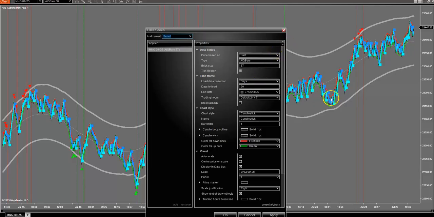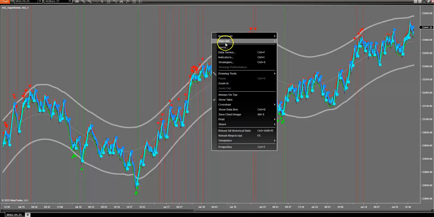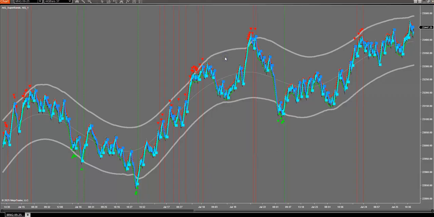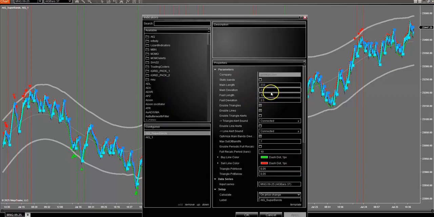And then what you're going to see is you're going to get some verbiage that's printed on the chart that tells you what to go in. It'll show you the percentage that was outside of the bands. And then it'll tell you what to go in and set for your main deviation to achieve having only 7% of all your price candlesticks outside of the bands. 5 to 7% is the sweet spot on intraday stuff.